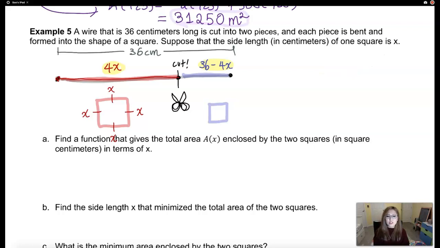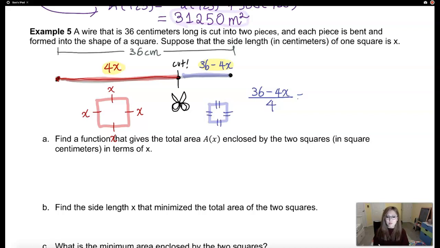But if this entire side is 36 minus 4x, and we have to make 4 equal sides, does it make sense that I'm going to divide 36 minus 4x by 4? Because I have 4 sides. If I want to figure out how long one of them is, I will have to divide the total by 4.